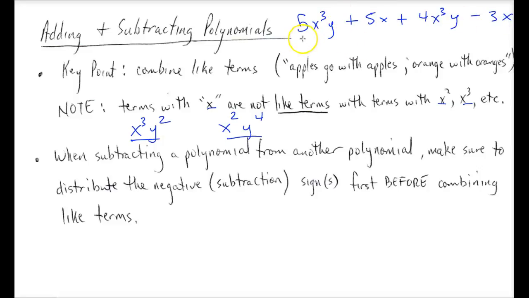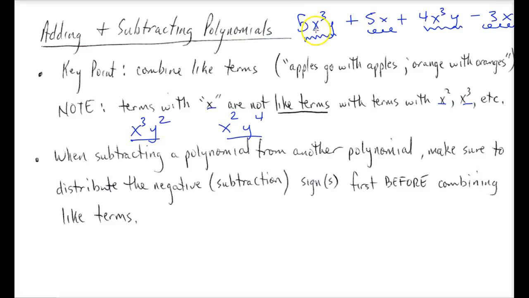So in this case, I know that this term and this term are like terms because they both have x cubed y in it. And I know that this term and this term are like terms because both of them just have x in it. And you notice that we're comparing everything except for what the coefficient is.